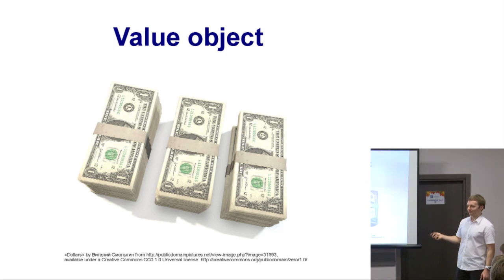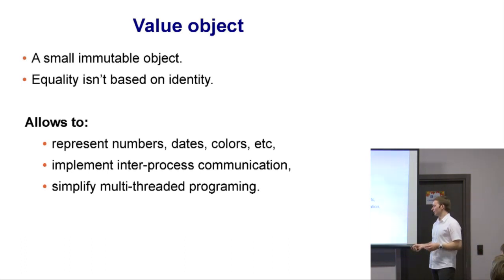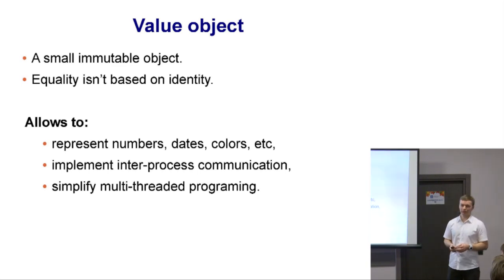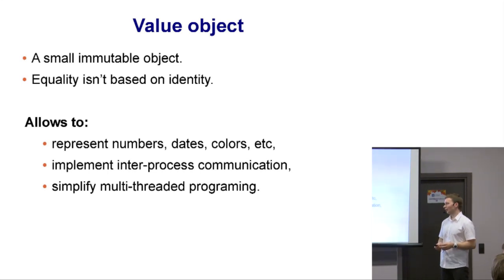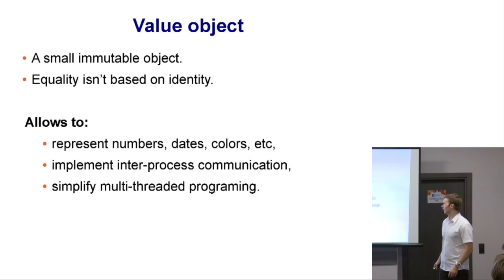Value object. Value object is a small immutable object that represents usually something like money, dates, colors, and so on. The equality of value object isn't based on identity. Such objects are equal when all the fields are equal.